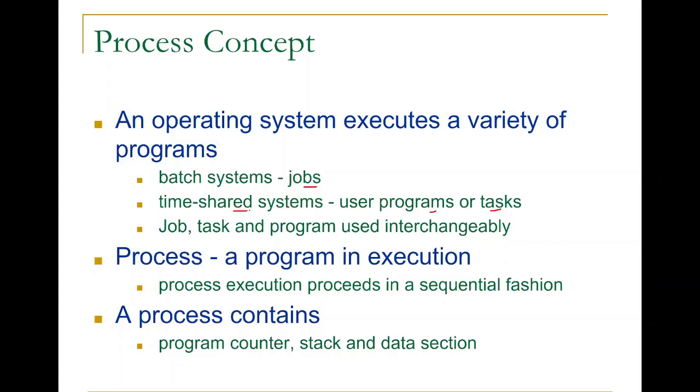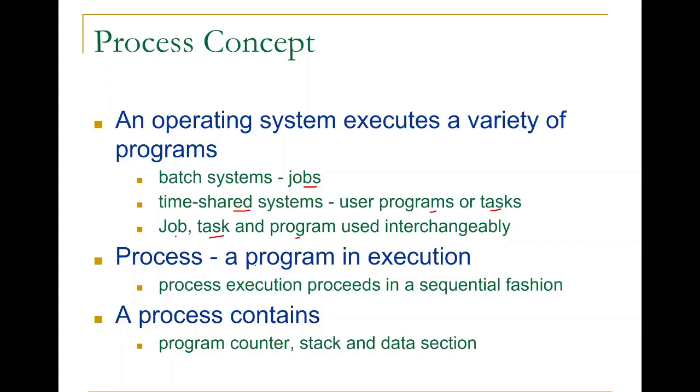Just like you are working on your project and you have given yourself a timer and you said after 1 hour, I'm going to pause reading and then start solving problems. It could be I'm sharing time: operating system first, then database, and after database, something to do with data structures and all that. So job, task, and program are used interchangeably when we're talking about operating system process concepts.